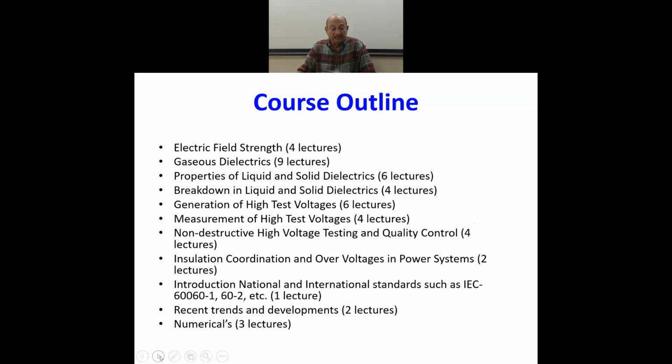Then we come to the laboratory techniques, that is the generation of high test voltages and high test currents also. 6 lectures. Then the measurement of the breakdown voltage, all types of breakdown voltages. That is, we'll be talking about AC, DC, impulse voltage of 2 types, lightning impulse and switching impulse.